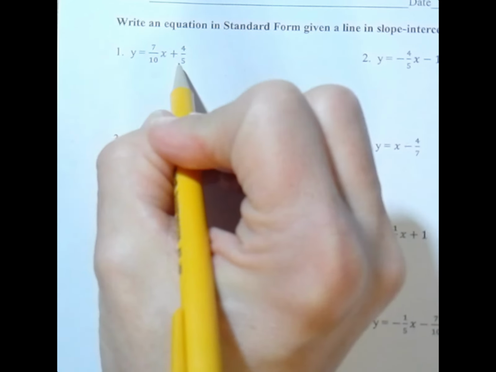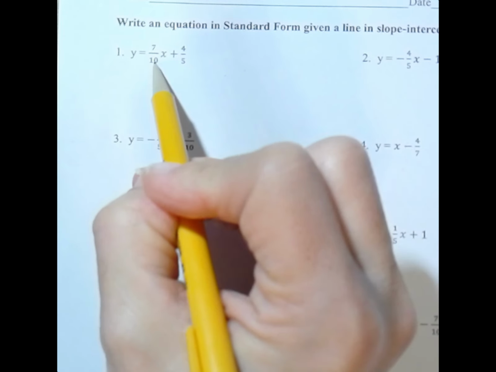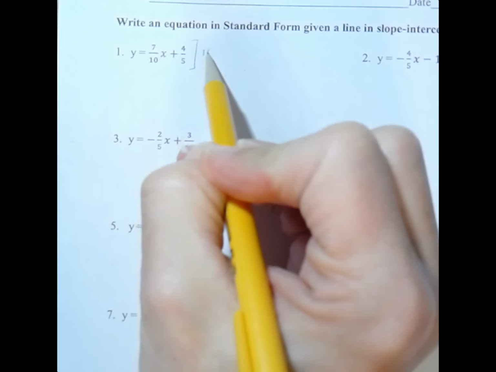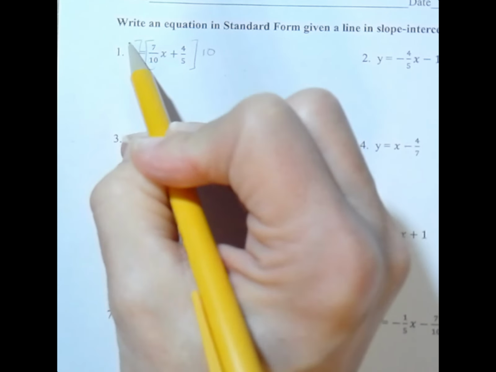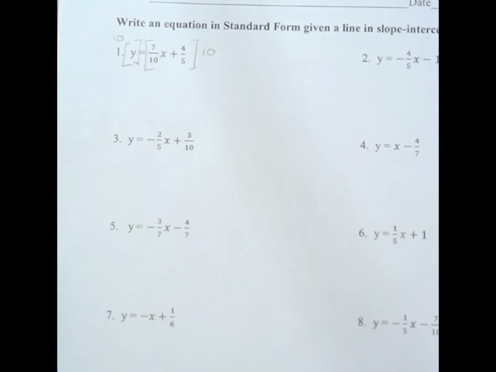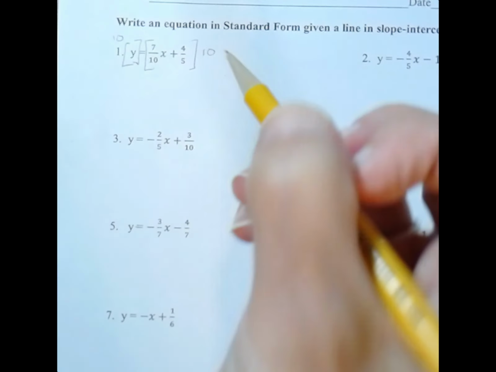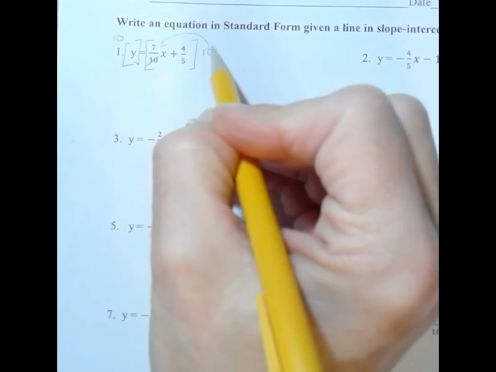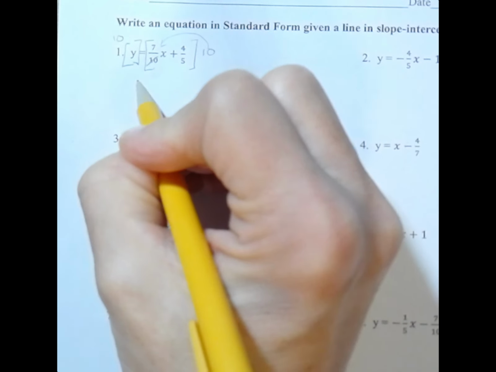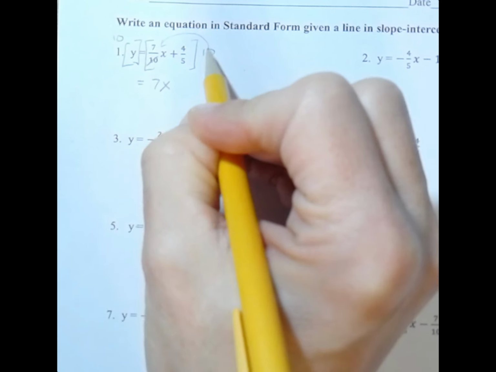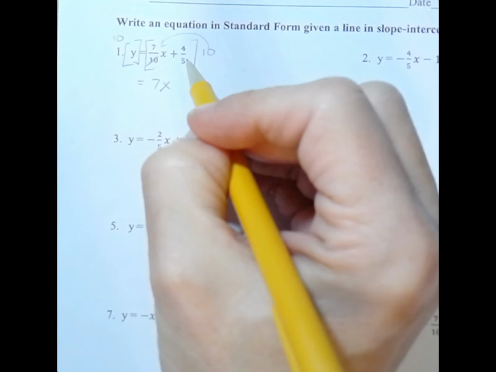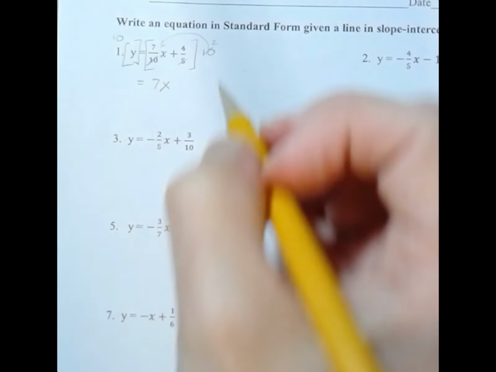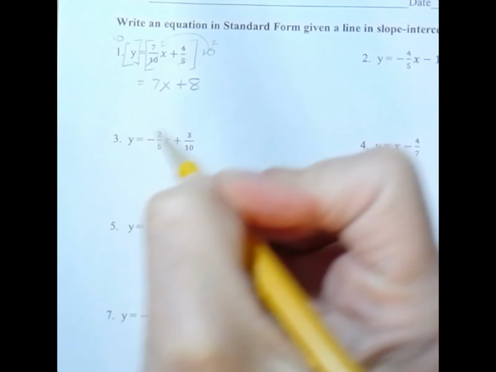Since I have a 5 and a 10, the least common multiple of 5 and 10 is 10. So I'm going to multiply both sides by 10. When you take 7/10 times 10, the 10 and the 10 cancel, so I'm left with just 7x. When you take 4/5 times 10, that would make 8. And on this side I have 10 times y.